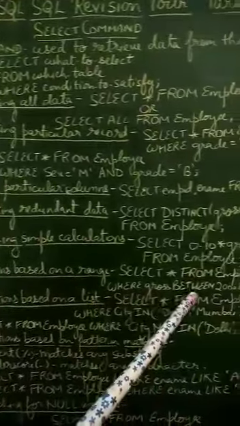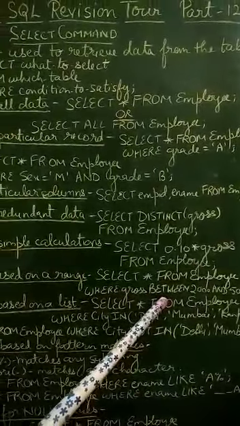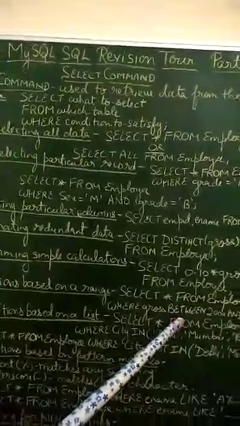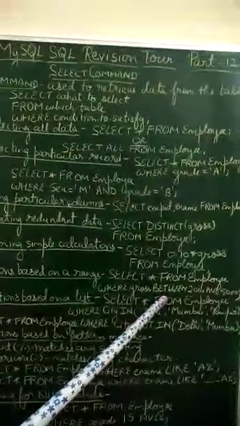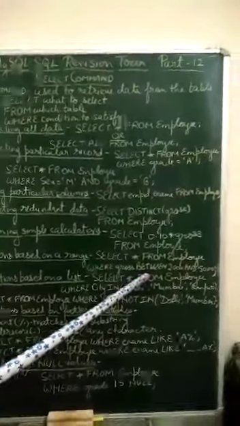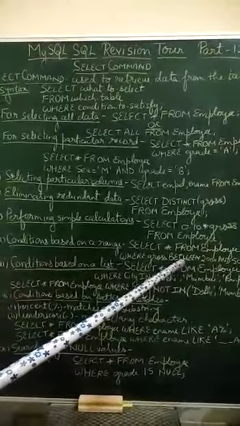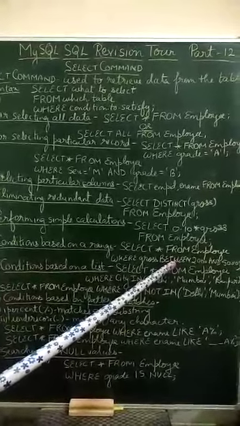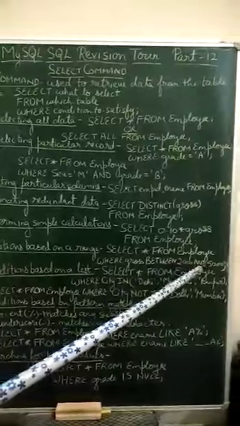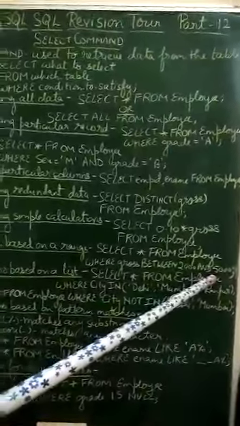Next, conditions based on a range. The between operator defines a range of values that the column values must fall into to make the condition true. The range includes both the lower value and the upper value.